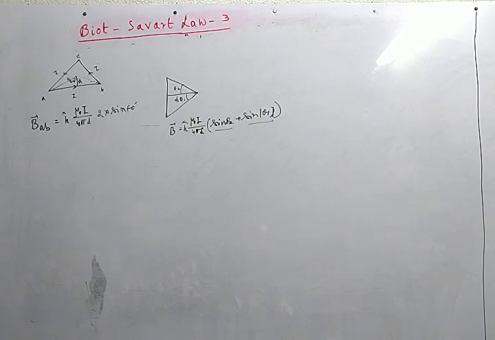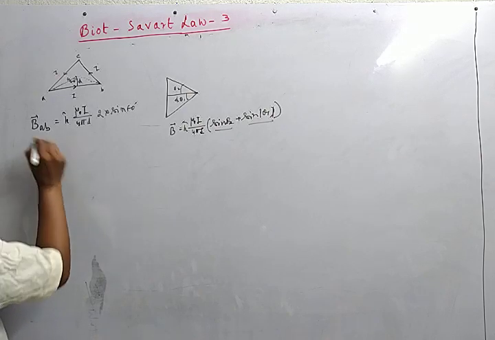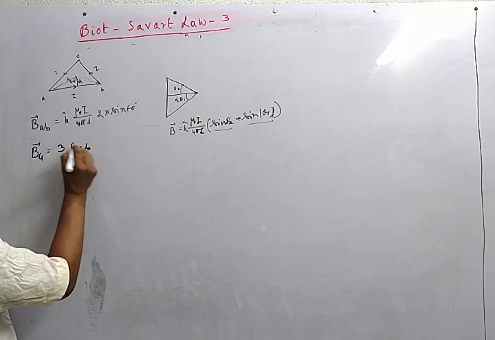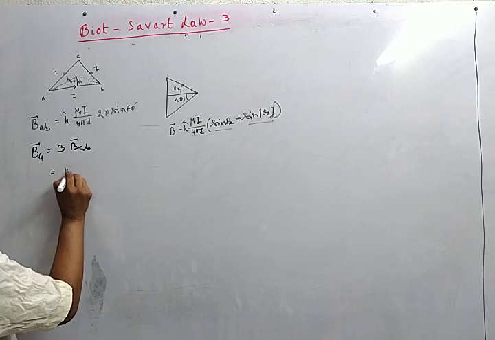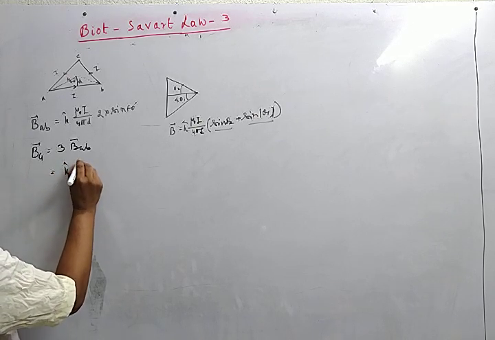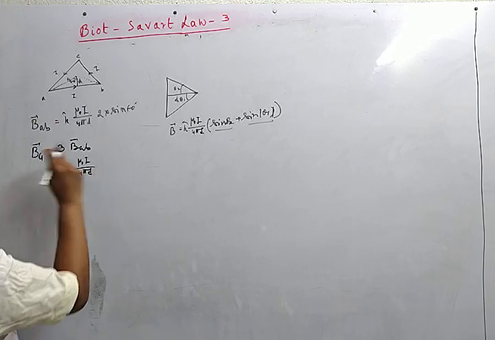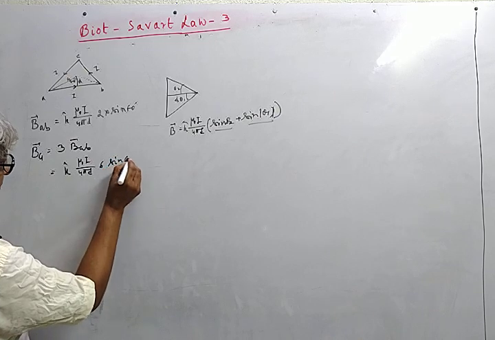This is the field due to the side AB, and the field at G is 3 times BAB, so this is k cap mu 0 I by 4 pi d times 6 sine 60 degree.